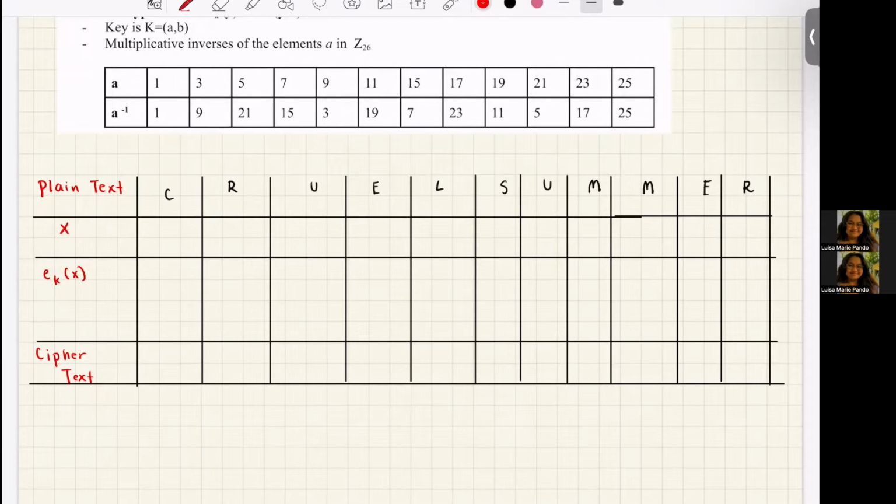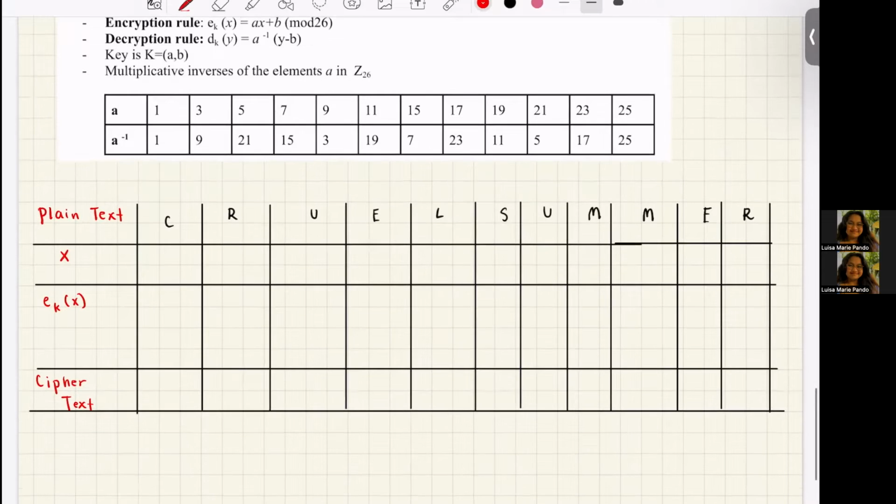Also, before we move forward, let us not forget the multiplicative inverses of the elements a in Z of 26. So ito yung gagamitin natin for decryption and encryption.